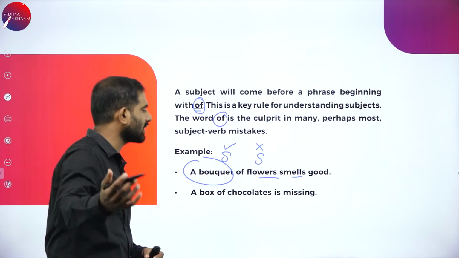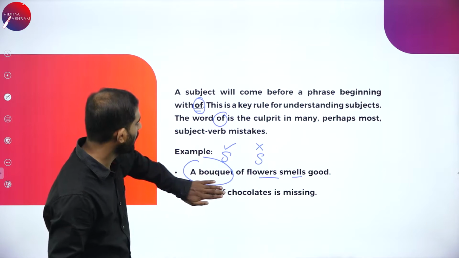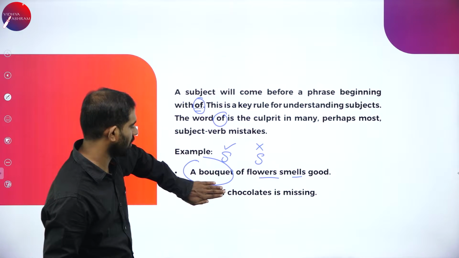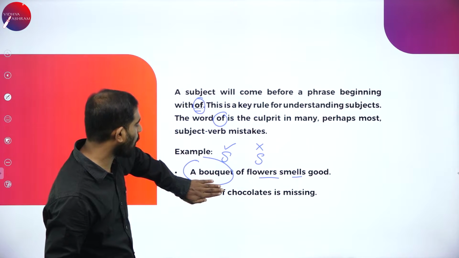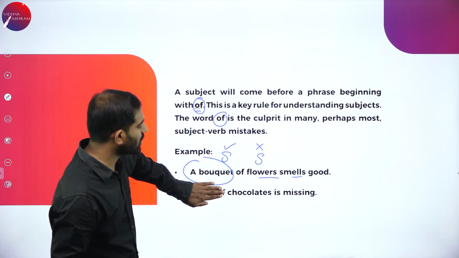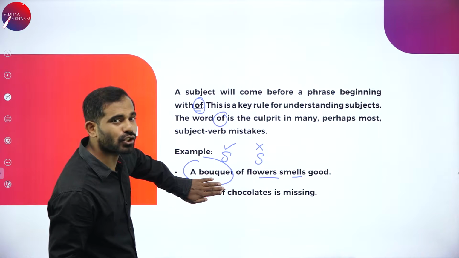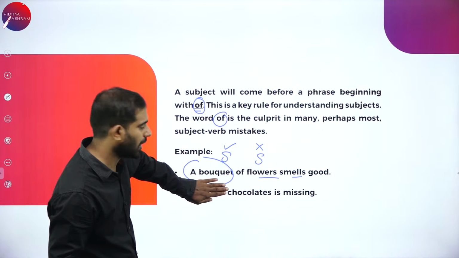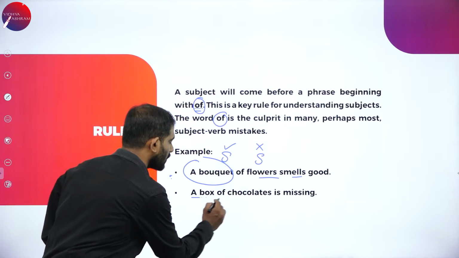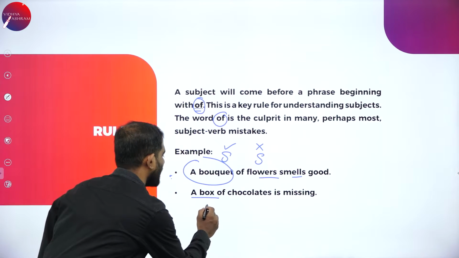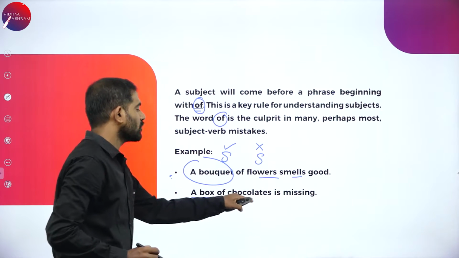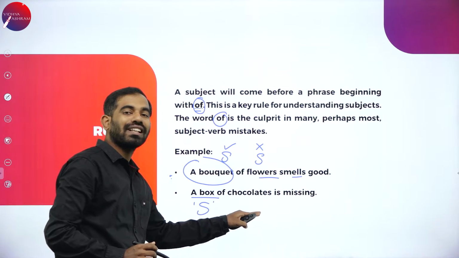A box of chocolates is missing. As I told you, if we remove the phrase a box of, then chocolates are missing. But since we have it, a box is the main subject here. A box of chocolates is missing.